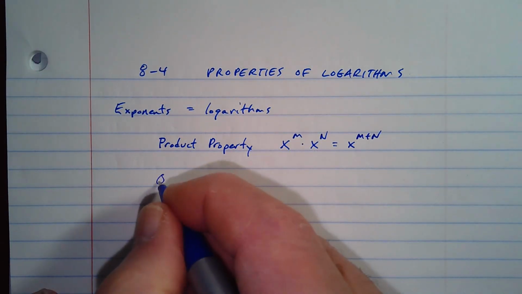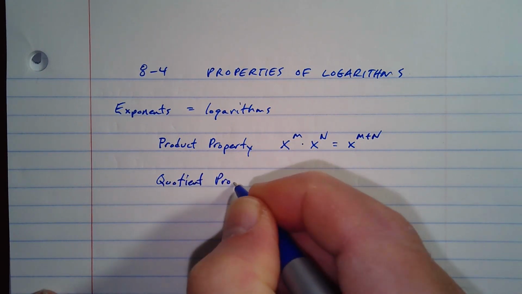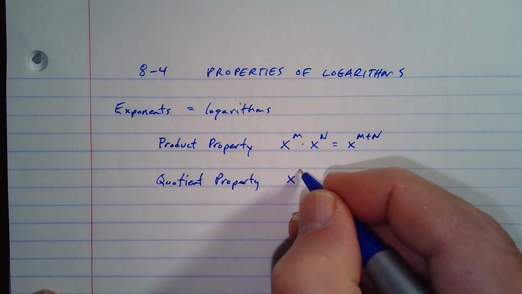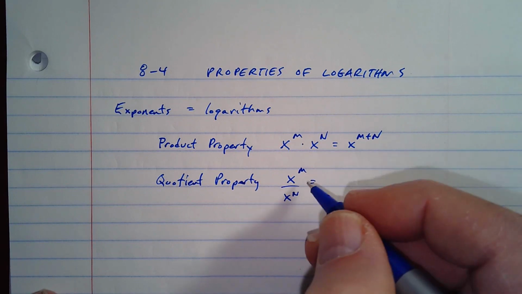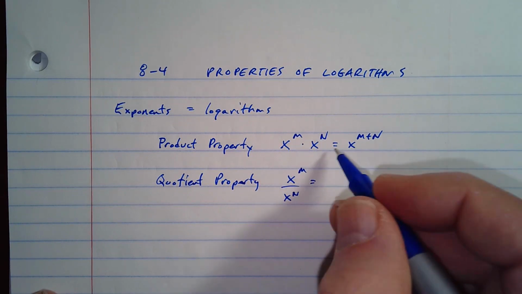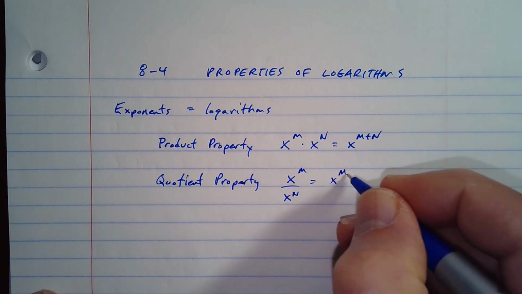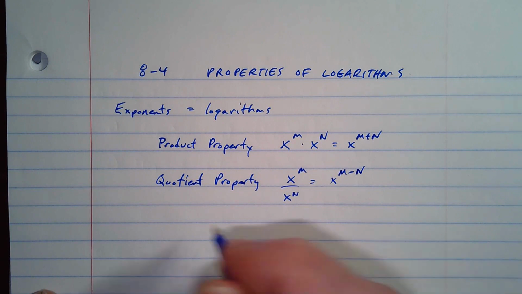Then there's the quotient property, similar to the product, only now we have division instead. Much like the opposite of the product adding, we're going to do the subtracting of the exponents. Jump the line, change the sign.